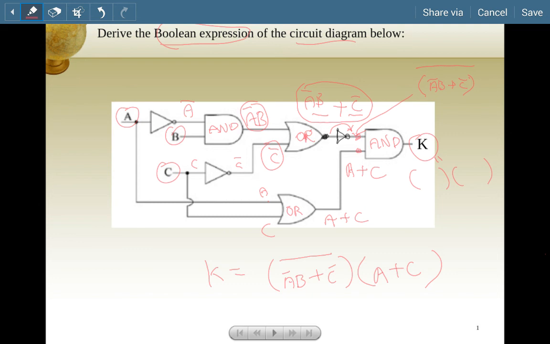How simple it is, right? Just going through the little obstacle, transforming yourself into NOT, plus, multiplication, XOR, whatever you learned in logic gates, and then just leave your expression as it is as the final output. Simple as that.